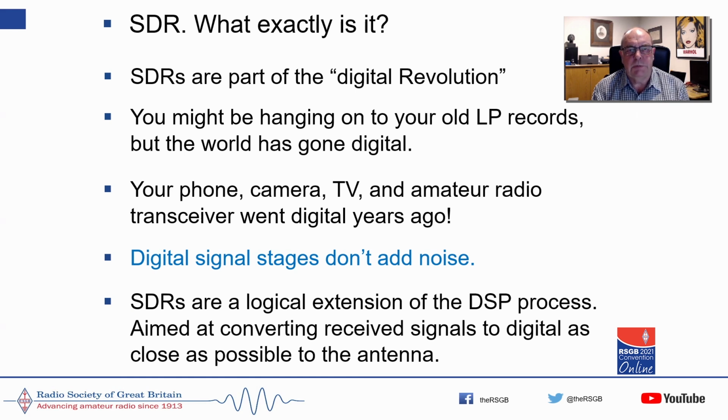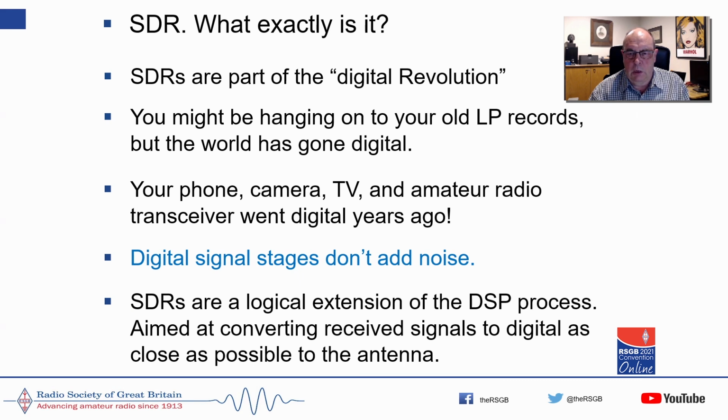So DSP started off with AF and then went to IF, and so you could say that a software-defined radio is an RF DSP process. And the reverse is true also on the transmitter. The primary aim of an SDR transmitter is to convert the outgoing signals from the digital signal to an analog signal as late as you possibly can in the transmitter chain.